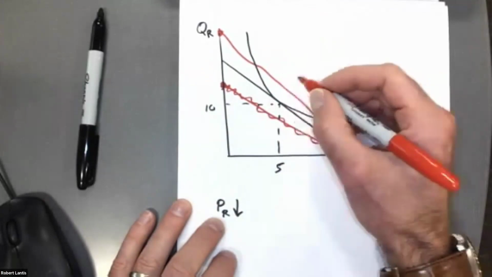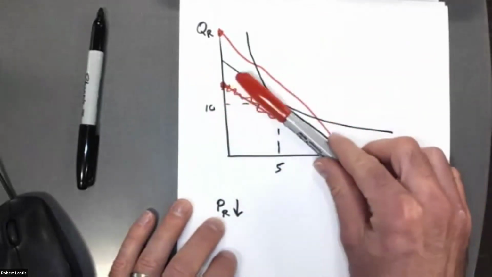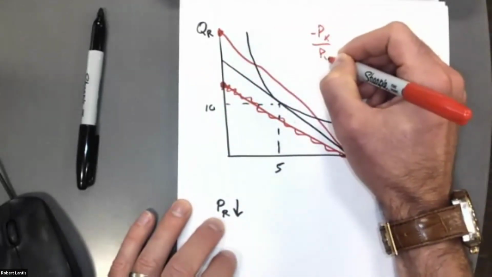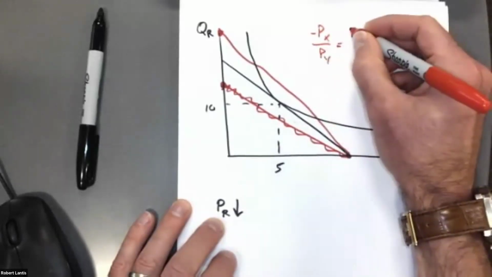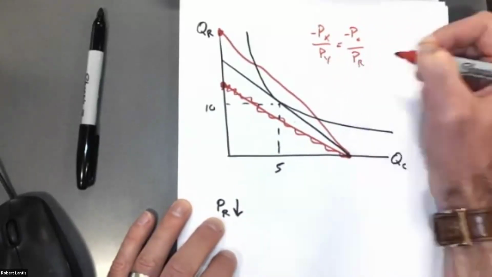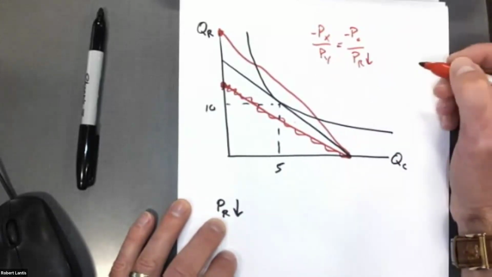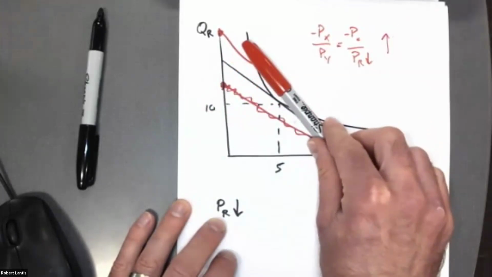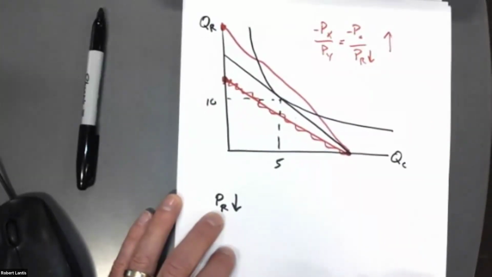So what's going to happen is the slope, right? Remember, relative prices, so it's the price of caviar to the price of ramen here. If the price of ramen goes down, dividing by a smaller number, my slope should become steeper, okay?